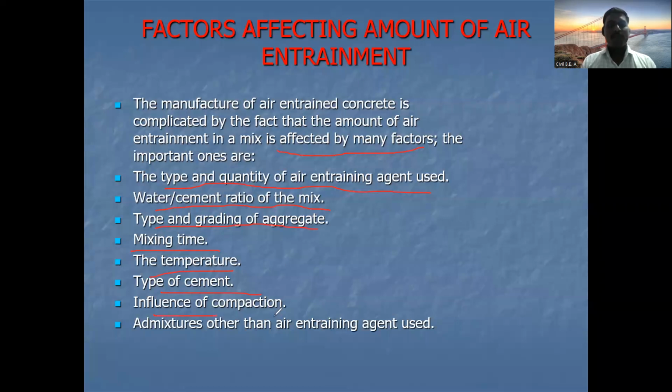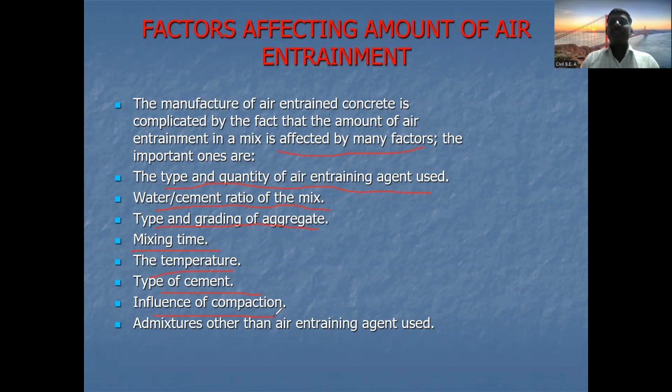Then the influence of compaction. How you are compacting the concrete again has an influence, because the air entrainment admixture reduces the permeability, decreasing the permeability, and increases the workability.